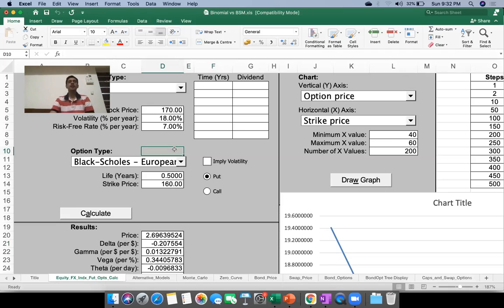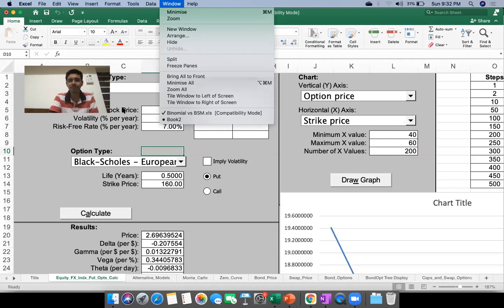The reason being, Black-Scholes is not applicable for American options because American options are path dependent. Okay, they can be exercised sometime in between. Unlike European options, which are only concerned about what the share price will be on maturity, American options are going to be concerned with what the share price will be in between as well.